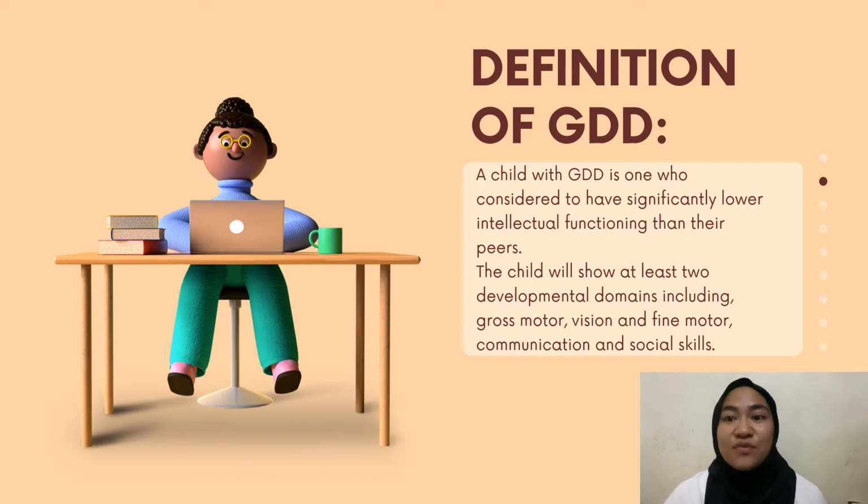A child with GDD is one who is considered to have significantly lower cognitive and physical development functioning than their peers. It can be diagnosed when a child is delayed in one or more milestones categorized into motor skills, speech, cognitive skills, and social and emotional development.